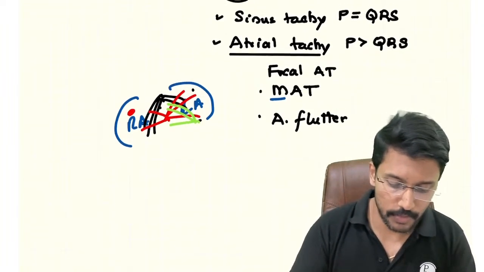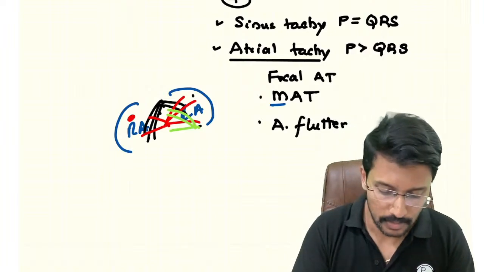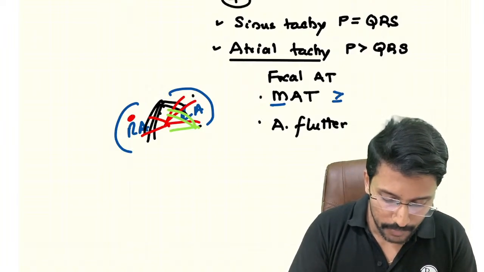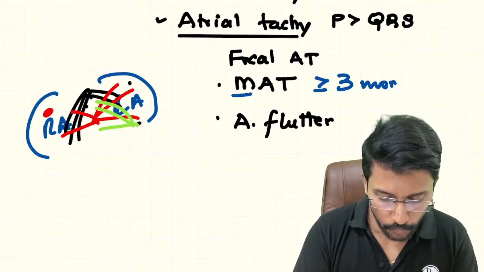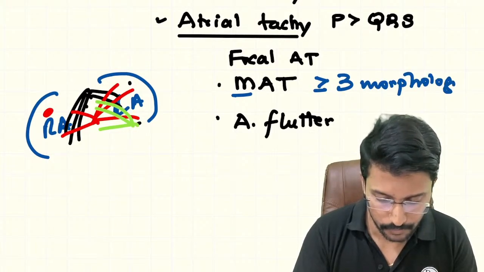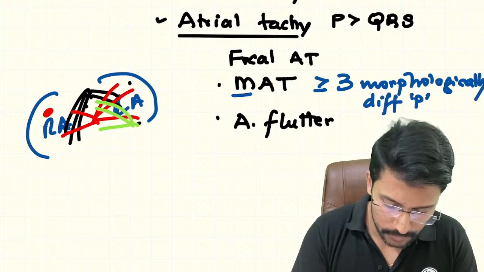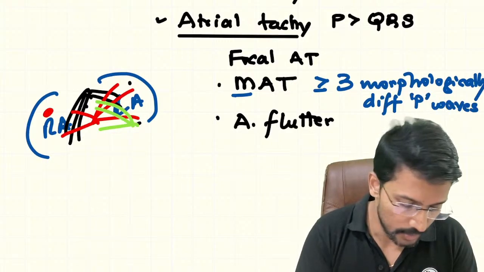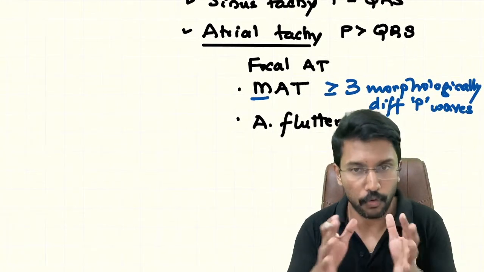So in an ECG where you see multiple P waves more than the QRS complexes, and you can identify at least three morphologically different P waves, then it is a case of multifocal atrial tachycardia. In the exam, you may not get sufficient time to look for all these details, right?